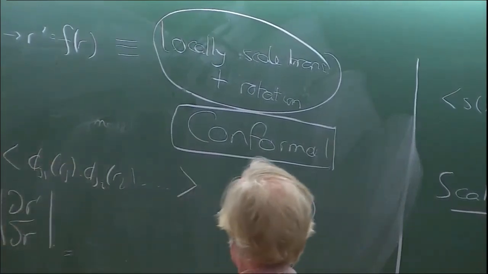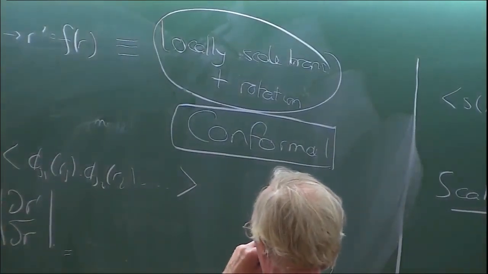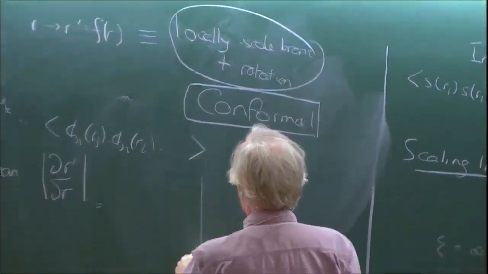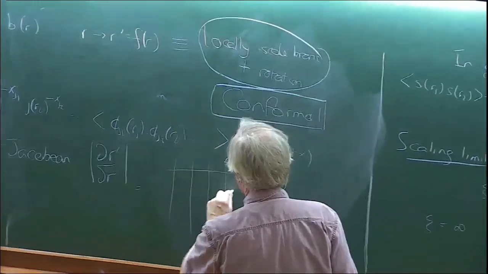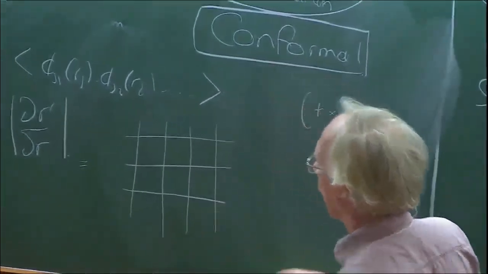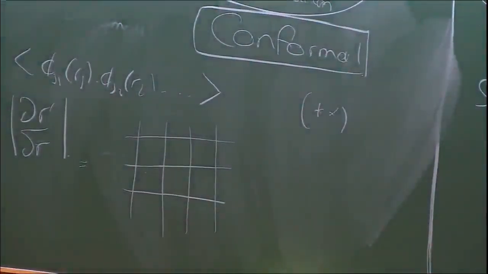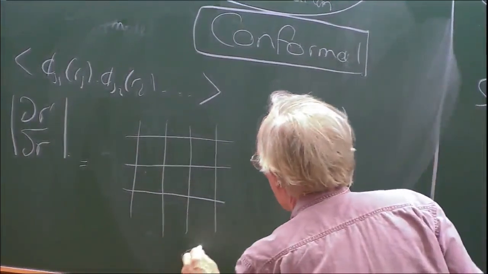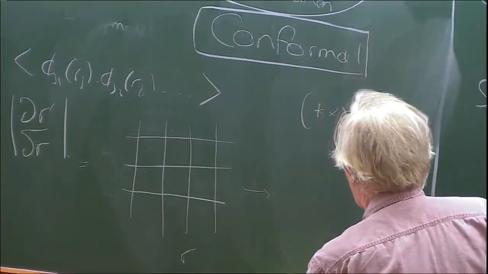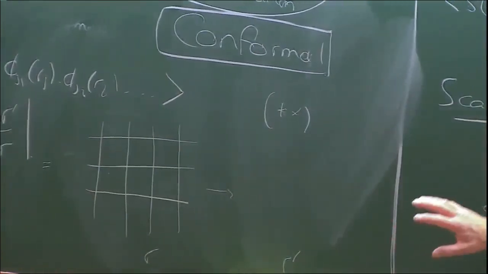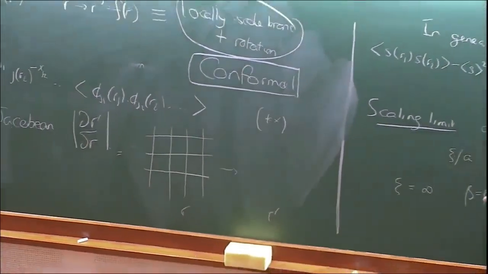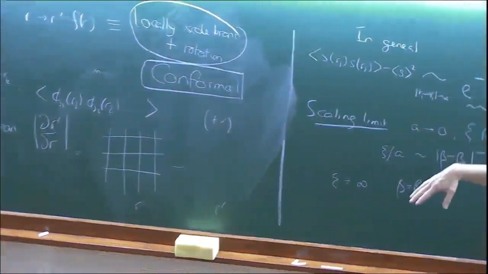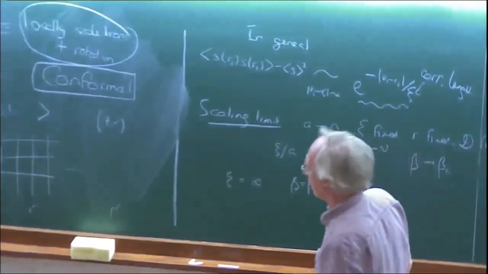So just to give you an example of what I mean, if this is a system of coordinates, so it's now not a lattice, it's just a coordinate grid, which is R. And I'm going to map this into R prime, and I'm going to draw the lines of constant x prime and y prime.